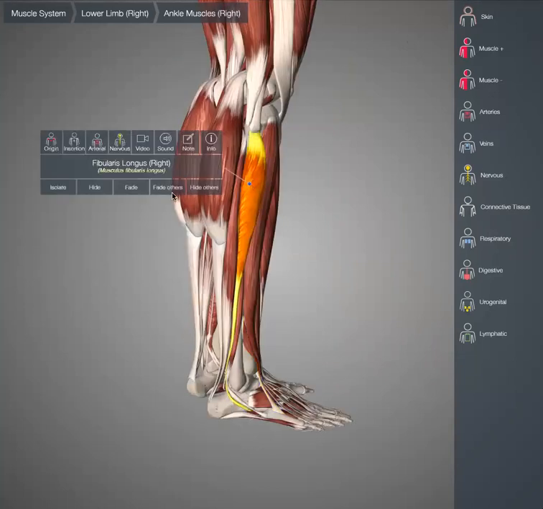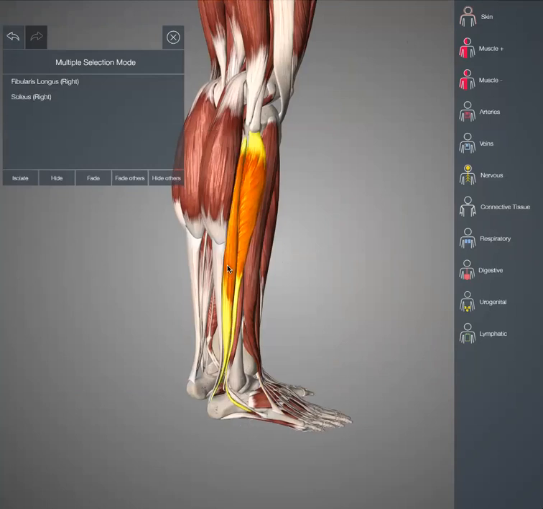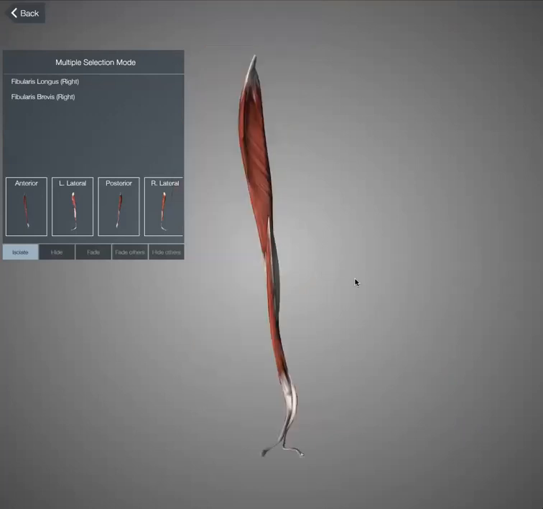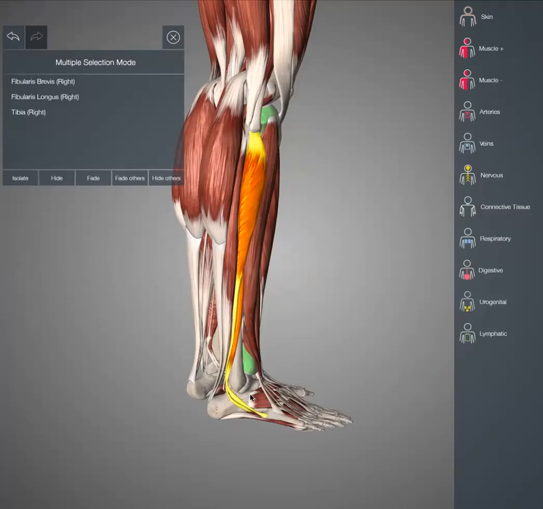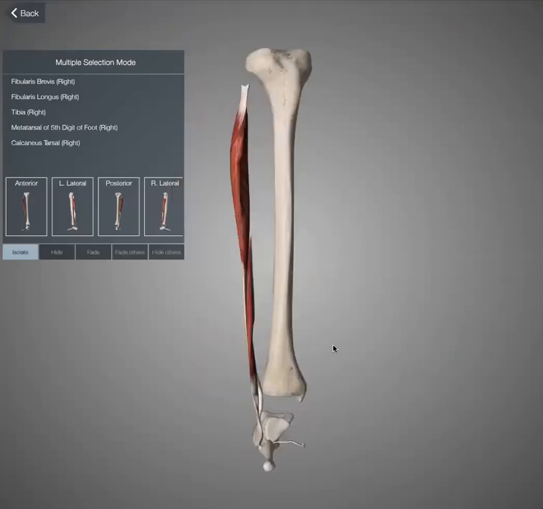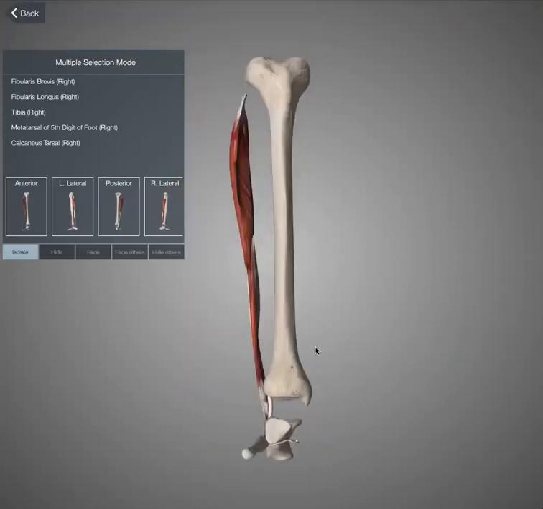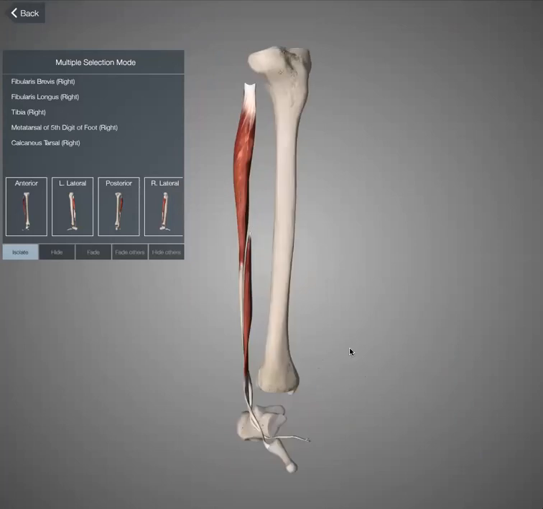Let me now isolate them, or multiple select them. So that's the lateral compartment. It's only two muscles, but I will also choose the tibia and where they're attached, just so that we can get an idea. You have the lateral compartment of the foot attached like that.